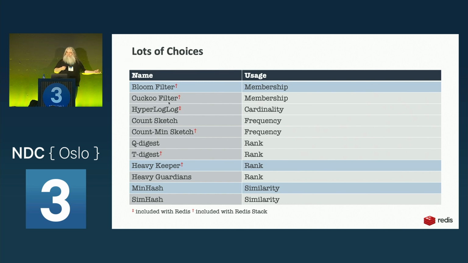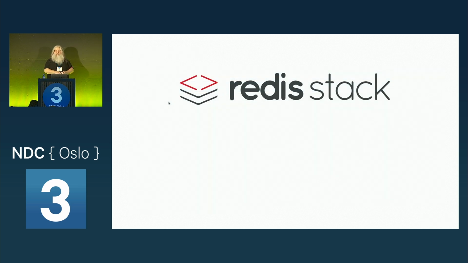I mentioned Redis Stack, so we're going to slide into the one slide that's an advertisement for Redis. Redis Stack is honestly just Redis. It's Redis with a bunch of extensions to give it new data types and new commands, such as probabilistic data structures, graph databases, time series, JSON objects, that kind of stuff.